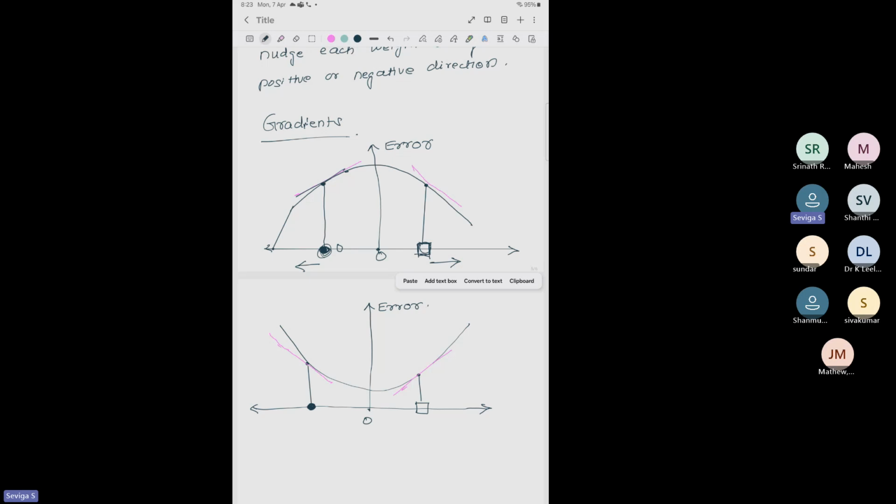Then we update the weights and calculate the error again. If the outcome matches the label, we go to the next sample. If not, we calculate the gradient again for that error and update the weights. This is what is going to happen.